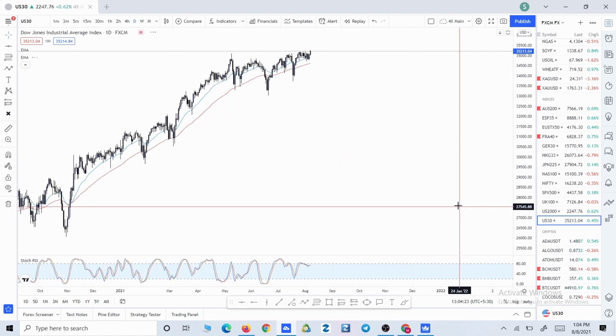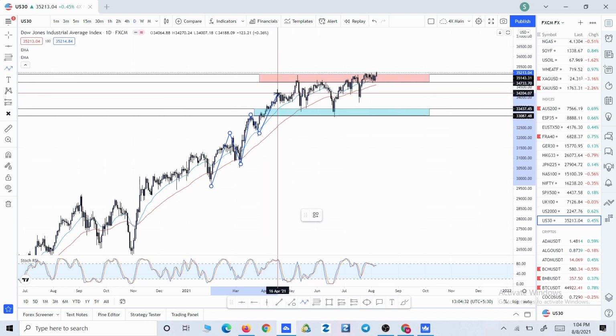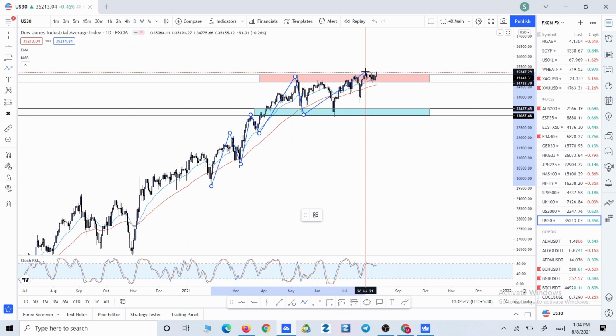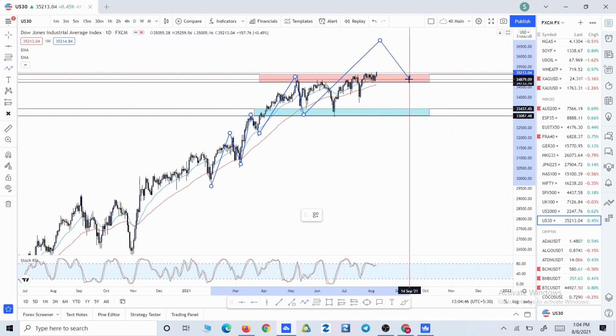Next, we are going to talk about US 30. The price is moving in an uptrend right now. Starting from here, we have a high, low, high, higher high, low. It's a higher high, higher low, and the price broke and closed above here. Yes, barely. So we are waiting now for the price to make a strong move to the upside, then give us a retracement back into the recent broken zone, and any kind of indications to go long.